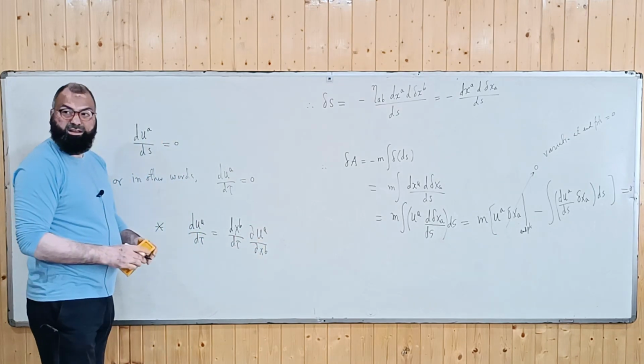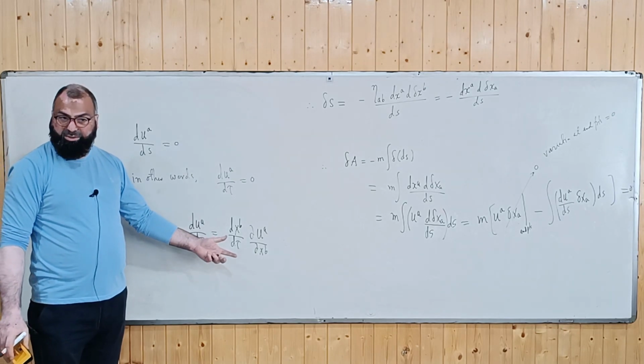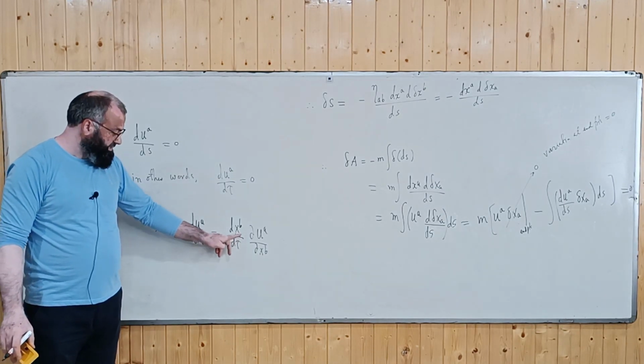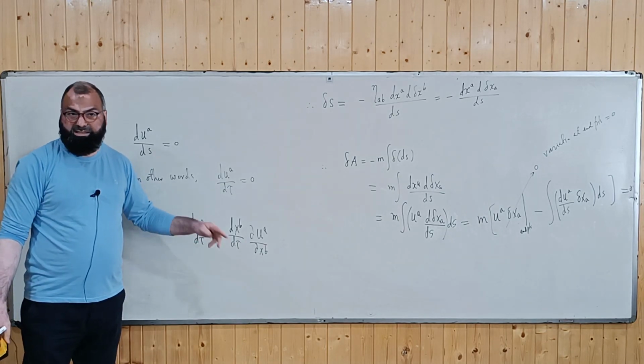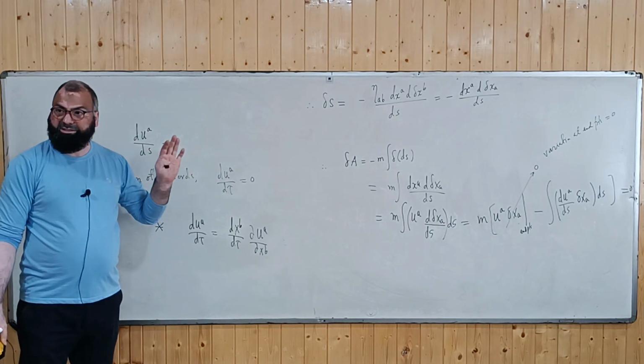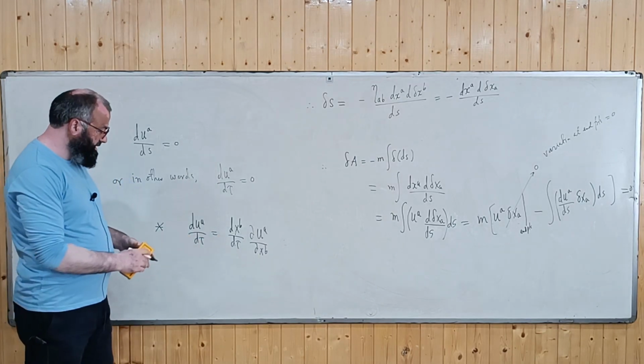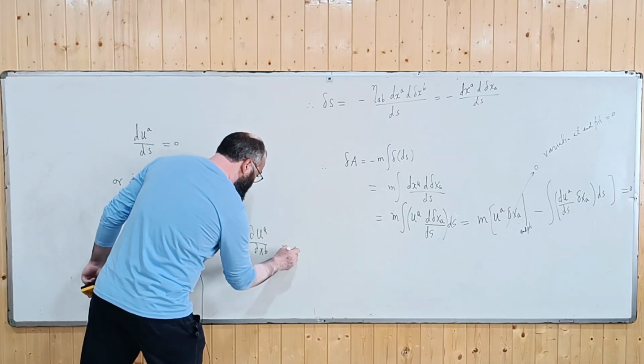Can I write it? It's just the chain rule, in the same coordinates, because x depends on the parameter tau. So x defines your coordinate trajectory. And this is equal to 0.